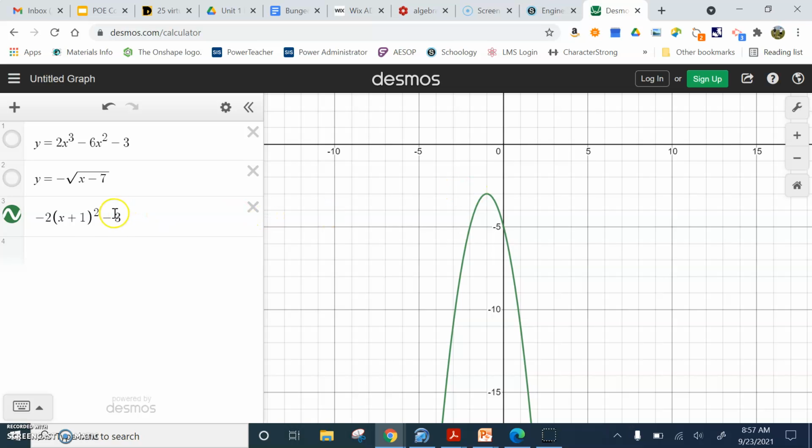So the key is finding how much of a horizontal shift we have. Or if there's no horizontal shift at all, if it's just negative 2x squared, then there's no shifting left and right. But you're looking for where the vertex of this parabola is. And in this case, that's at x equals -1.